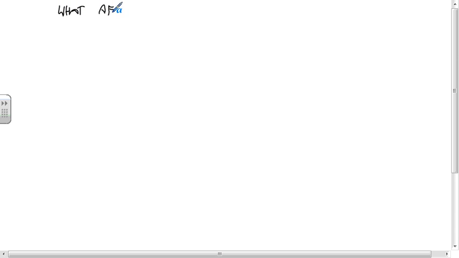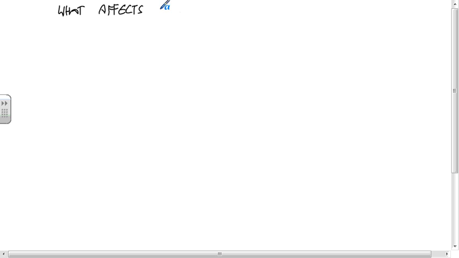What affects air resistance? And there are three things that affect air resistance. Well, that's a bad way to write this. Sorry, just erase what you have there with your little electronic pen.